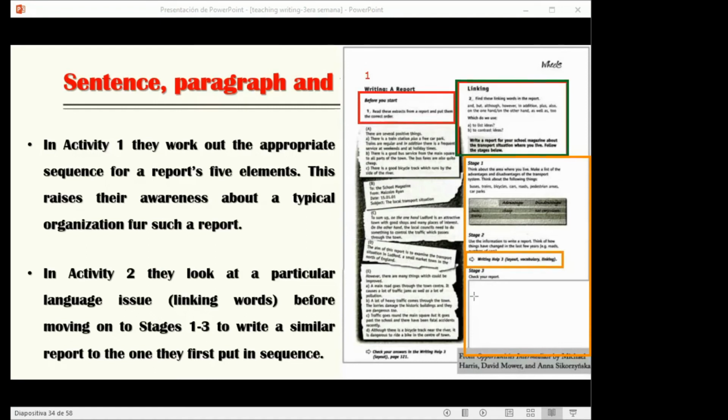Then you give some activities to expand the information, to make this information real to them, not imaginary. And then they start writing the report, following some layouts, following some vocabulary, or linking words. Notice this is called a controlled practice.